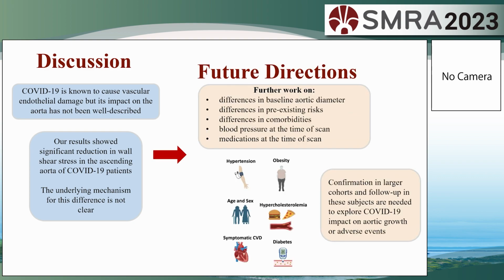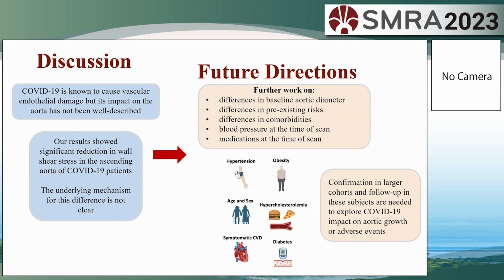The future work for this study should include looking at the baseline aortic diameter in the patient group and volunteers as well to see if there is any difference, which is currently something we are working on. And the pre-existing risk factors for cardiovascular problems such as hypertension, diabetes, age and gender differences should also be considered in the analysis.